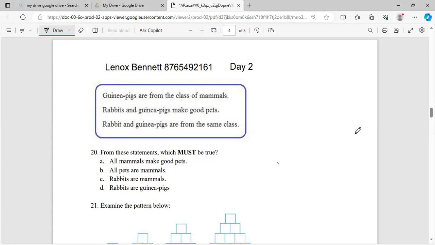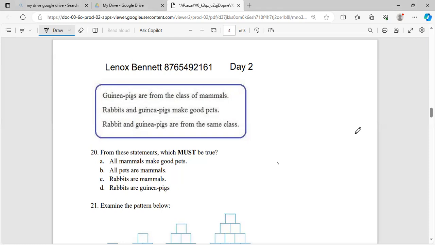Alright, let's go again. Guinea pigs are from the class of mammals. Rabbits and guinea pigs make good pets. Rabbits and guinea pigs are from the same class. From the statement, which must be true? Rabbits are mammals.